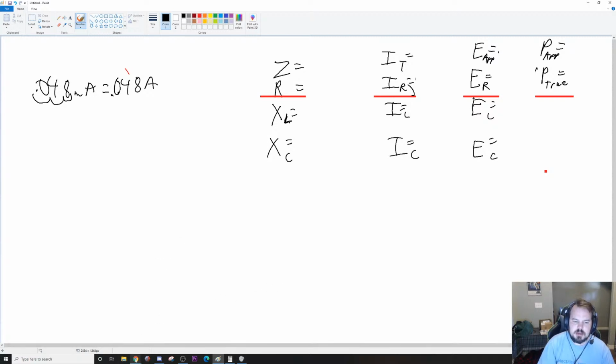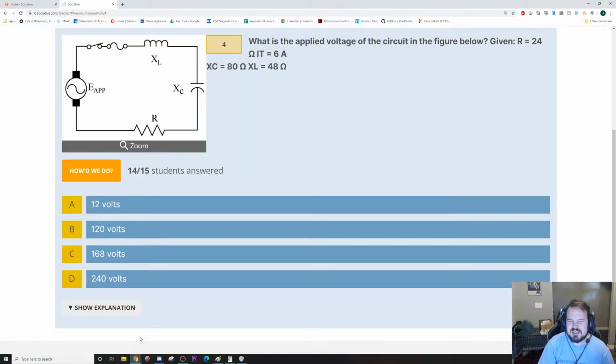So I'm going to draw out your triangle, or it's not a triangle at this point, it's like a T, but 24, 80, and 48.